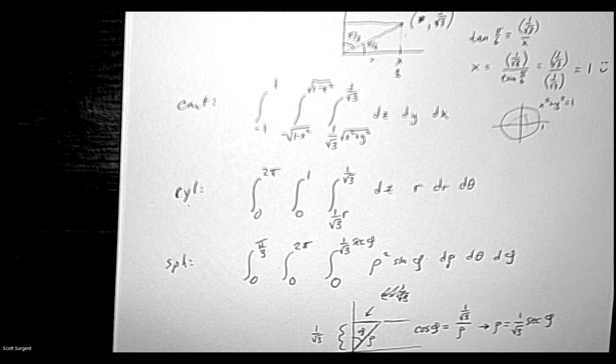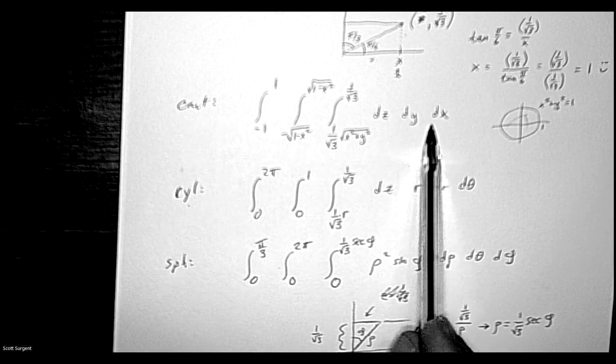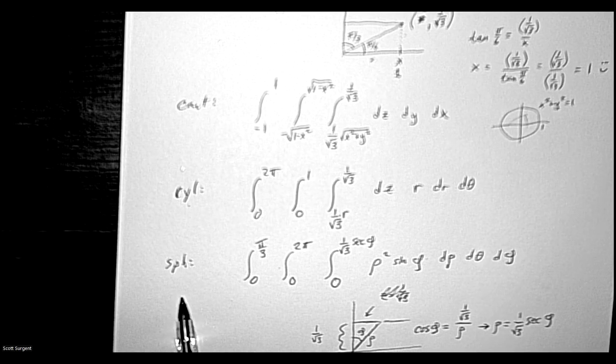So these are the three setups. My question to you is, which one looks the friendliest? The cylindrical. I absolutely agree. I think the point of this problem is to see that if you set it up as Cartesian, it looks like a nightmare.